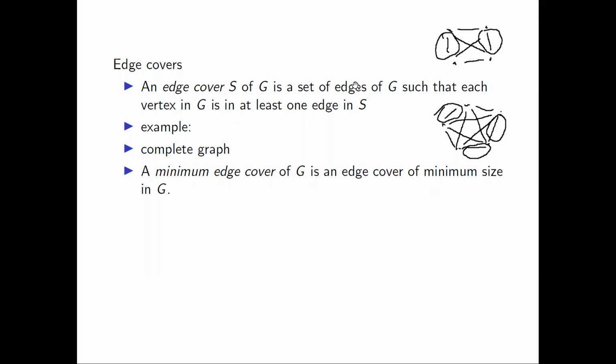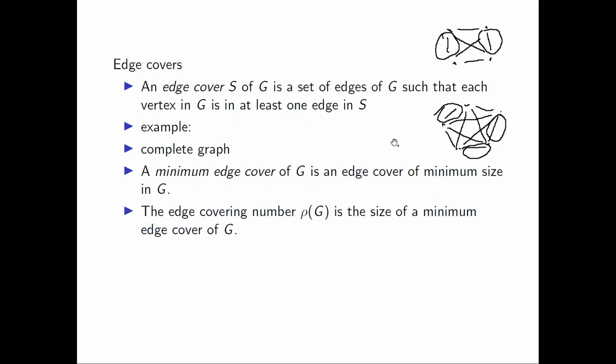And based on edge cover, it's natural to ask, what's the smallest edge cover we can find? And we have a term for that, a minimum edge cover, and it's just an edge cover of minimum size in the graph. And we can see in the examples up here, to cover all the vertices in the graph, the edge cover has to have at least n over 2 edges.